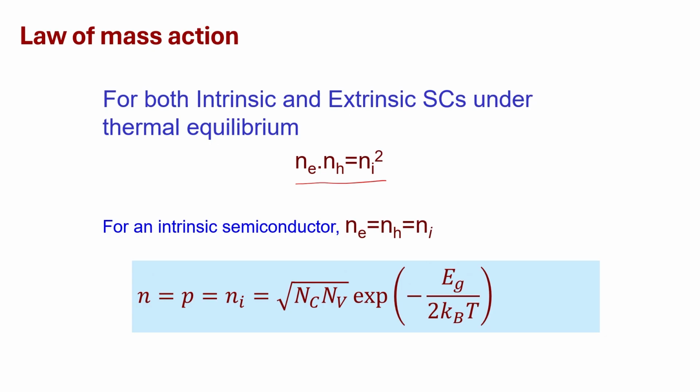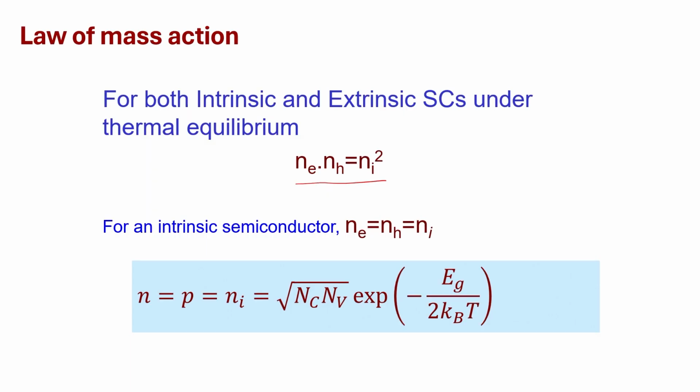All the thermally created holes or electrons in these doped semiconductors will then recombine. As a result, the hole concentration goes down in n type, or the electron concentration goes down in p type semiconductors. This is true for every type of semiconductor.